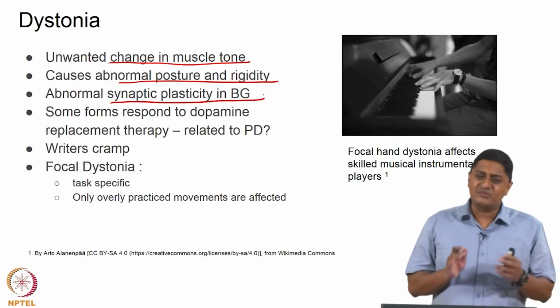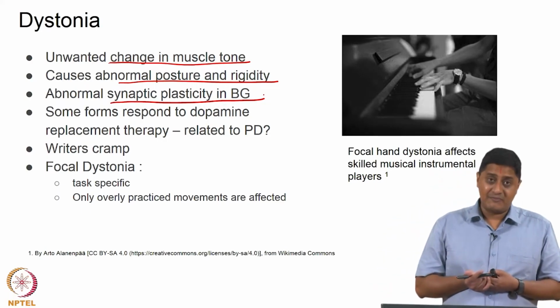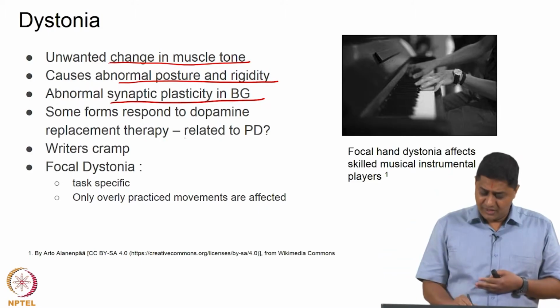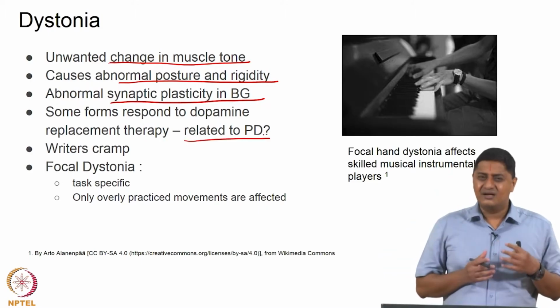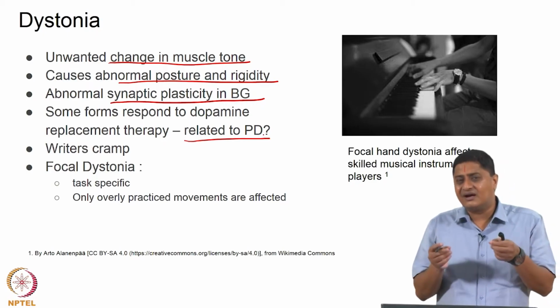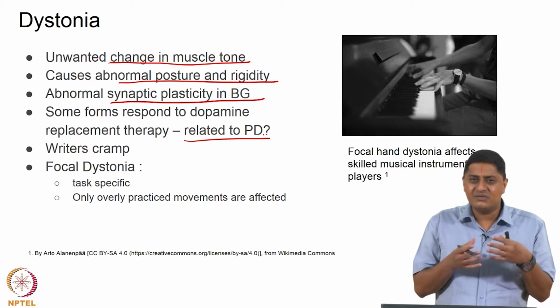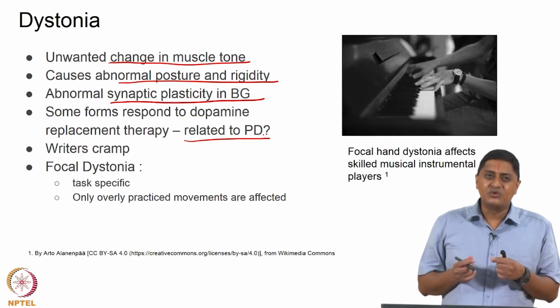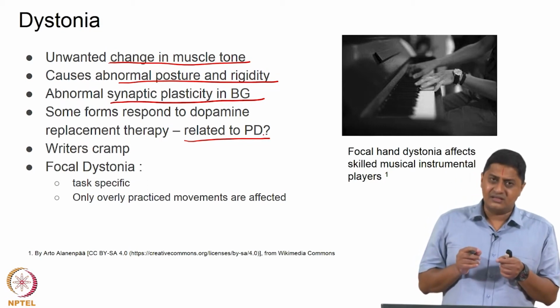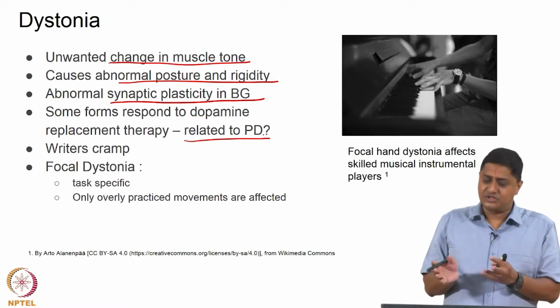Actually, some forms of dystonia respond to dopamine replacement therapy. Then the question is, is it somehow related to Parkinson's disease? In fact, the truth is that the exact link of how basal ganglia is linked to dystonia remains a mystery. We actually do not understand the pathophysiology or the connection between basal ganglia and dystonia.